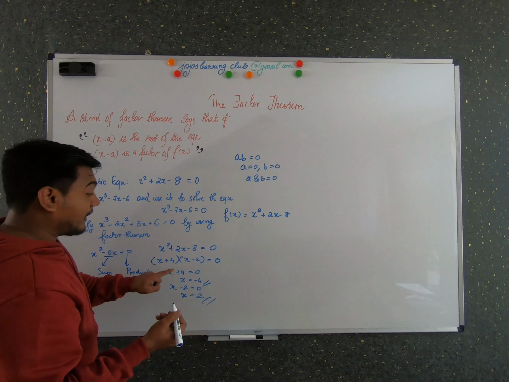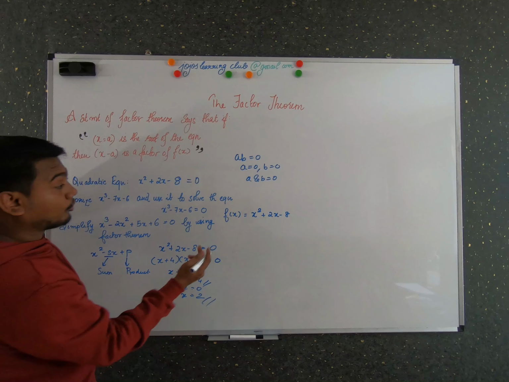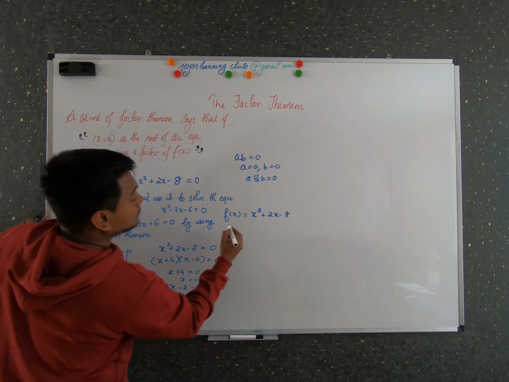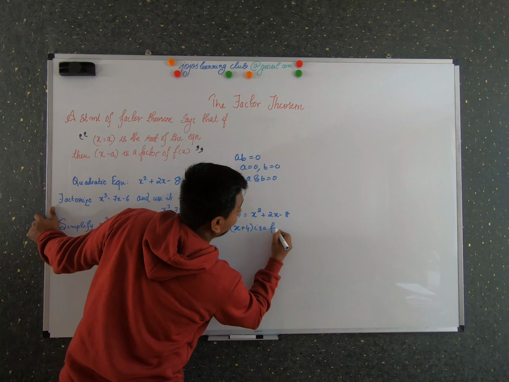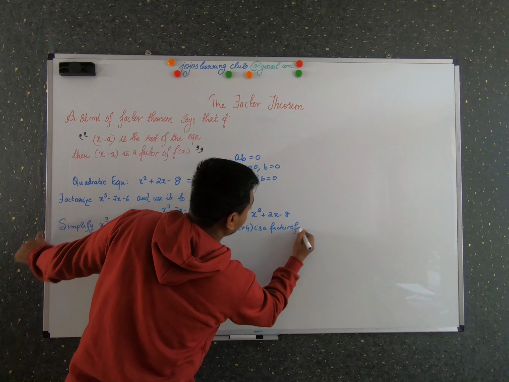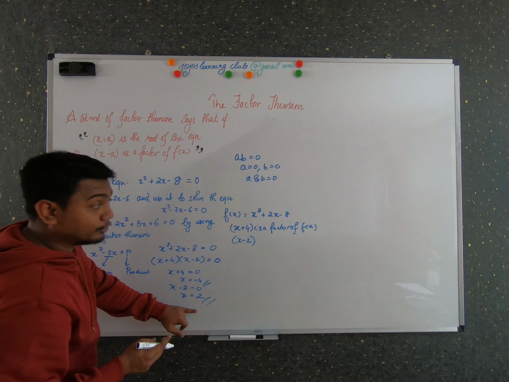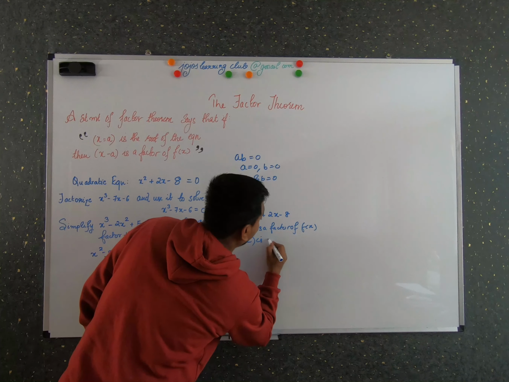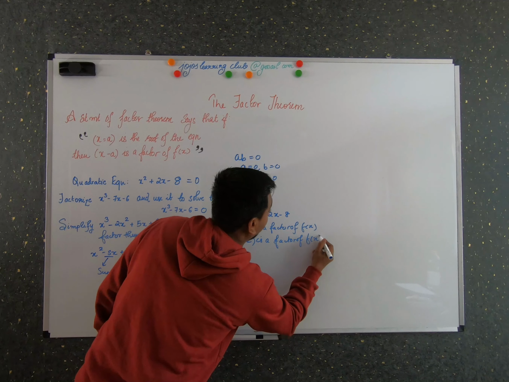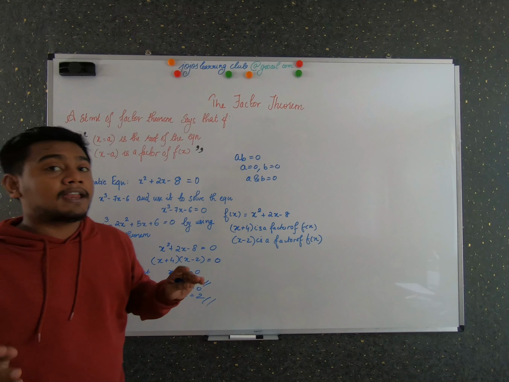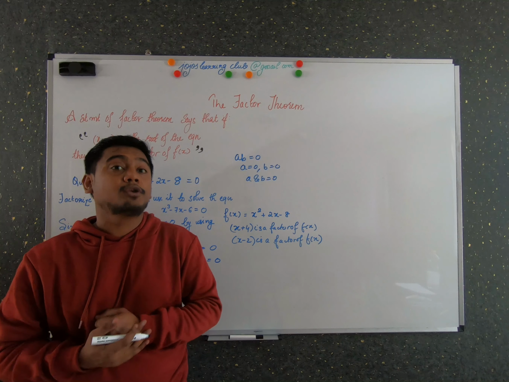What were our roots? x is equal to minus 4, so then x minus a becomes x plus 4, which is a factor of f of x, and x minus 2, that is x is equal to 2, is also a factor of f of x. So this is what is meant by the factor theorem, and I will let you know where to use this factor theorem and why we use it.